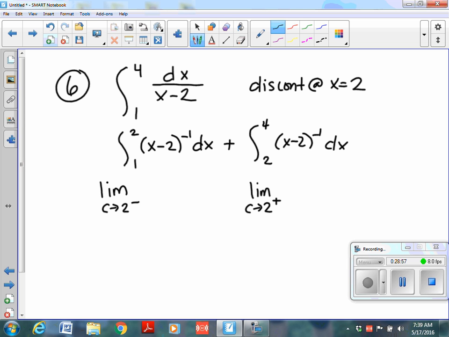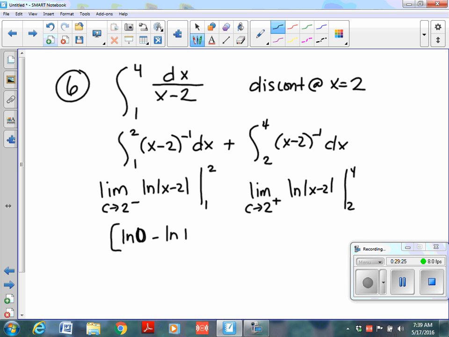When you integrate that, if you add 1 to it, it's the natural log of the absolute value of x minus 2 from 1 to 2. This is the natural log of the absolute value of x minus 2 from 2 to 4. So when you plug 2 in, you're going to get 0, the natural log of 0, minus the natural log of 1, the absolute value, plus the natural log, if you plug 4 in there, you get the natural log of 2, minus the natural log of 0.